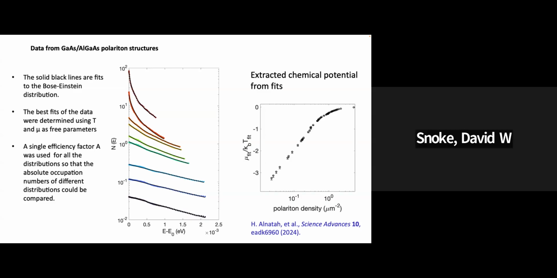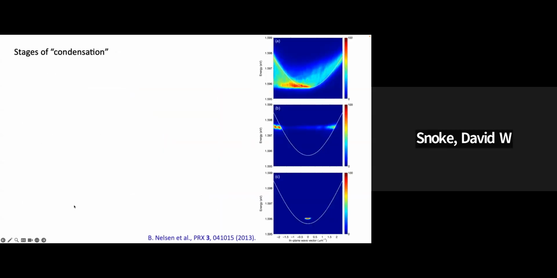In terms of absolute numbers, their lifetime in the cavity is a few hundred picoseconds, but the thermalization time is just a few picoseconds. So effectively, even though these things are all on picosecond timescales, the lifetime is infinite compared to the thermalization time. And so we get really nice fits to an equilibrium Bose-Einstein distribution. Now, what can we do with this kind of condensate? Then you can see that this is the occupation number just shooting way up in the ground state there.